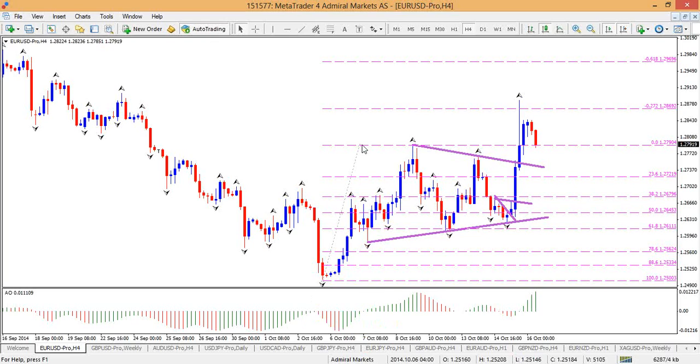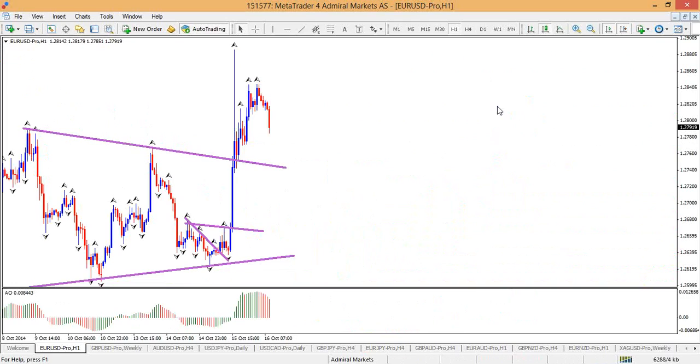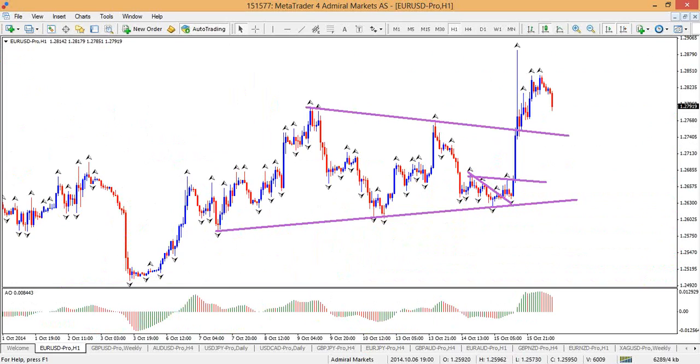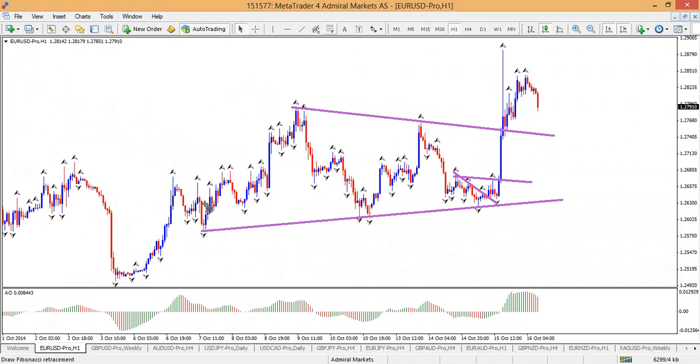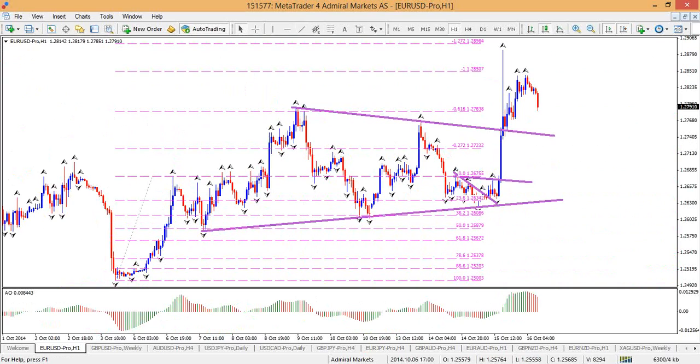So what I mean with that, let's take a look at the hourly here. Here we see, for instance, price move up. And the awesome oscillator goes from zero line up and then retraces back to the zero point. So when we see it retrace, we can put a fib from here to here because we know that this swing is most likely finished.